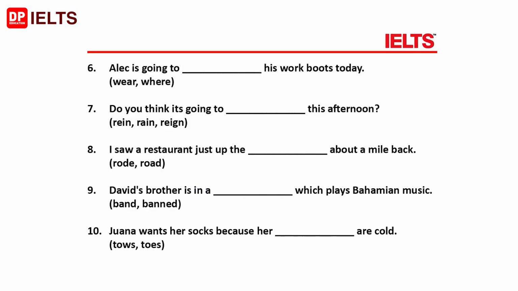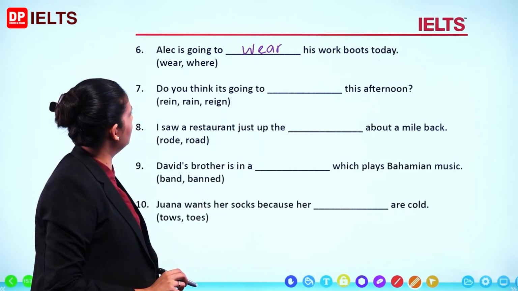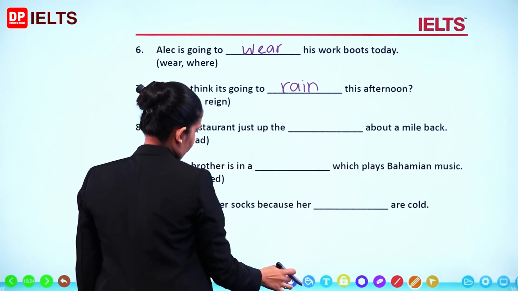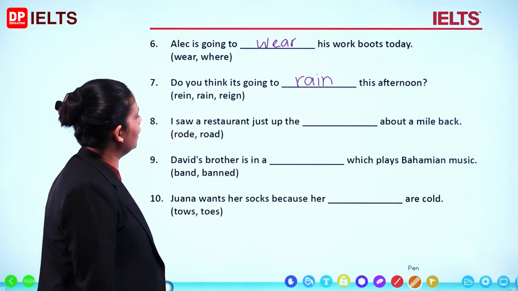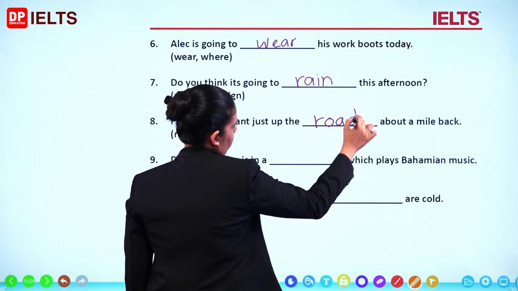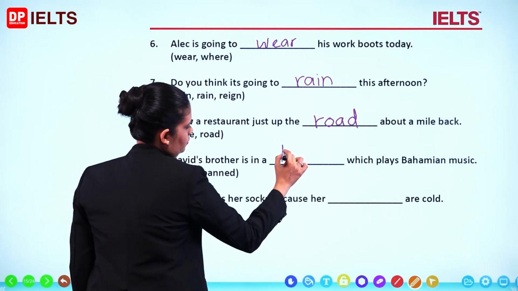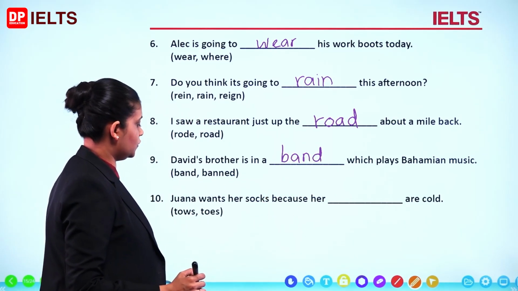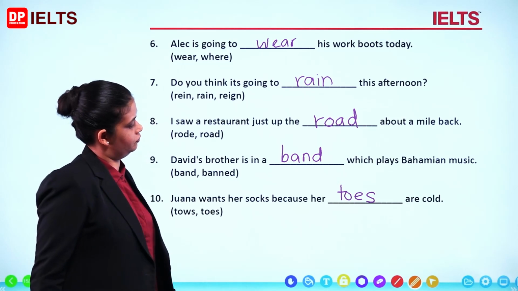Alec is going to wear, dress up. Do you think it's going to rain? Right. The next one, I saw a restaurant just up the road. David's brother is in a band. Joanna wants her socks because her toes. Right?